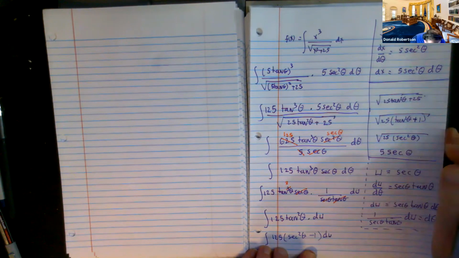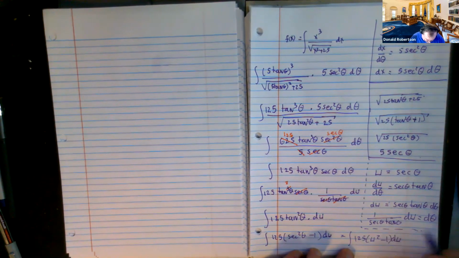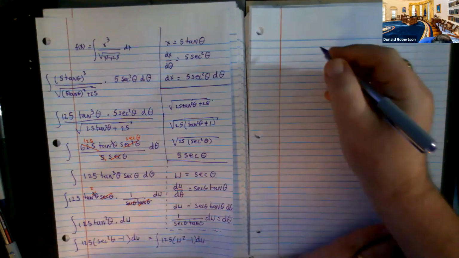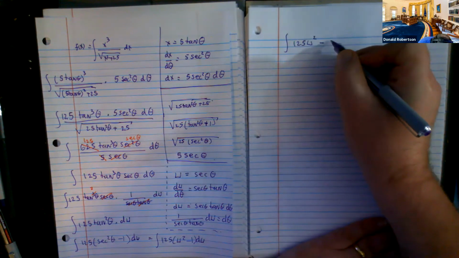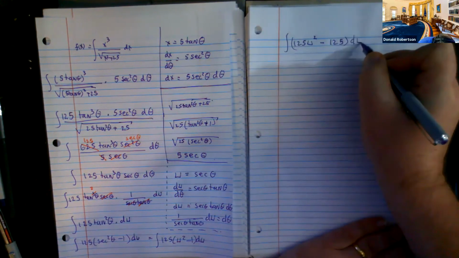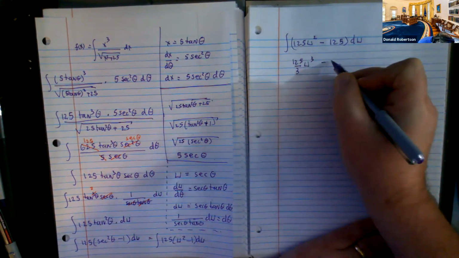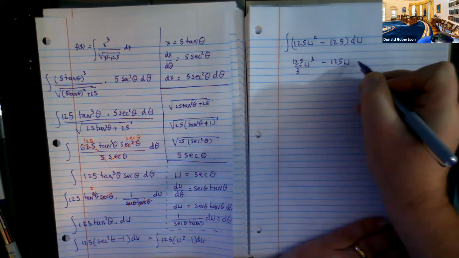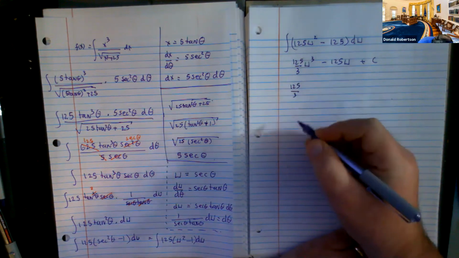And that makes the thing become 125 u squared minus 1. Which becomes 125 u squared, take away 125. Now we can power roll that guy. And we can do that guy. And then turn back into, in this case, secant thetas.